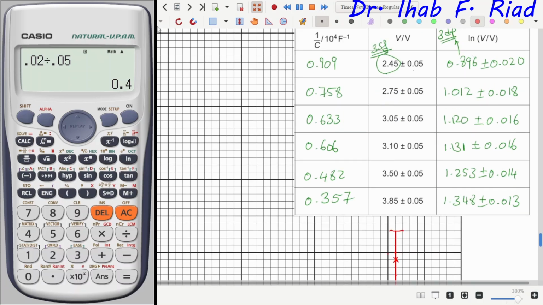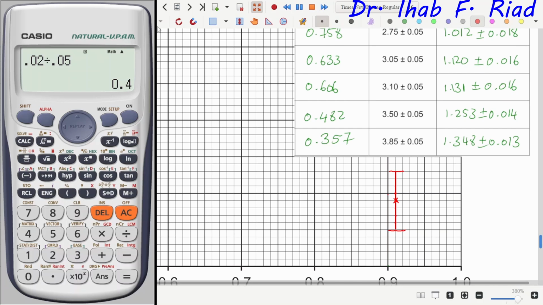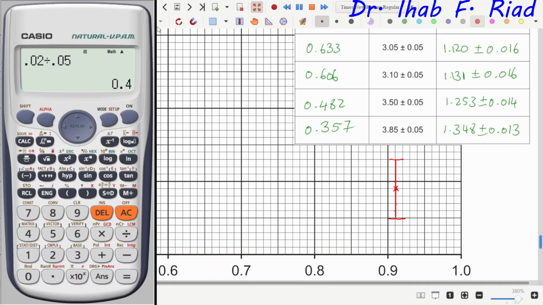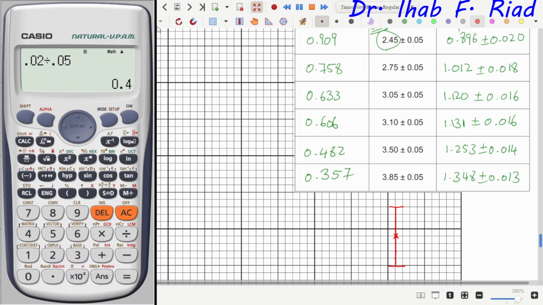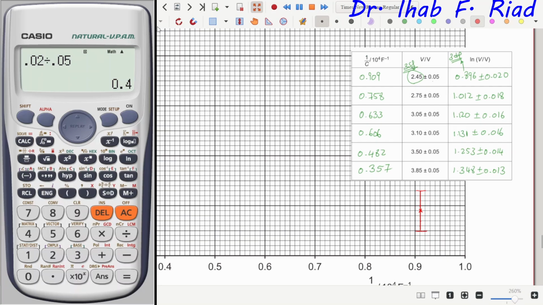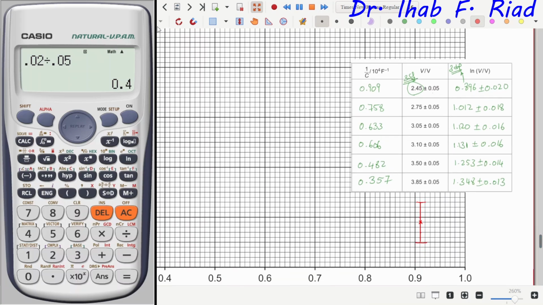What is the second value? 0.758 and 1.012. So we know it is going to be somewhere over here.